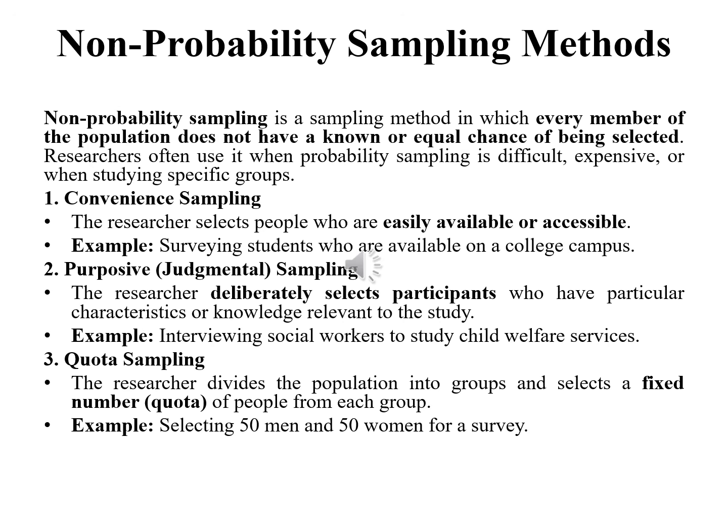The researcher continues selecting people until each quota is filled. So quota sampling means dividing into groups and filling a fixed number from each group.